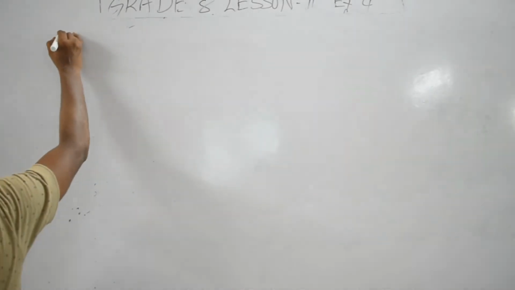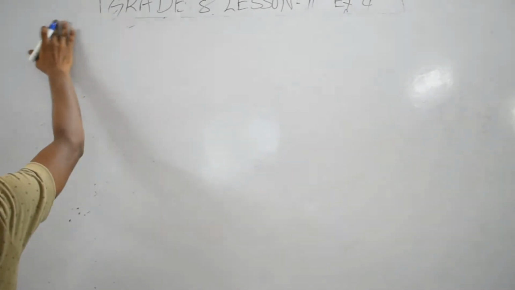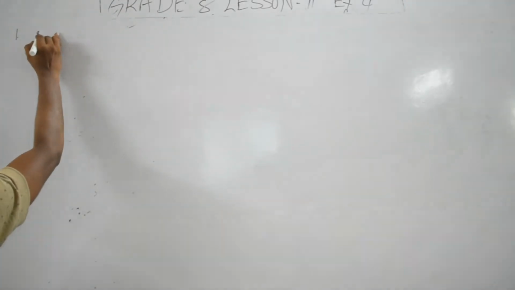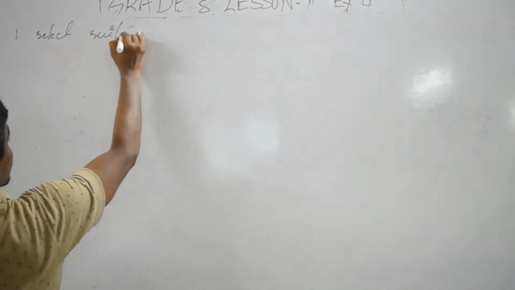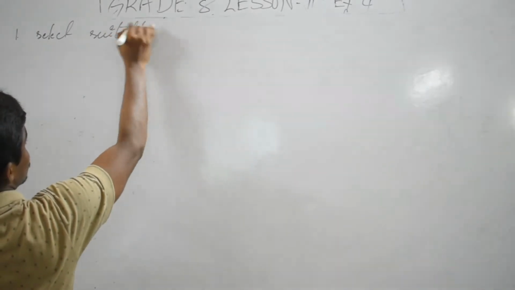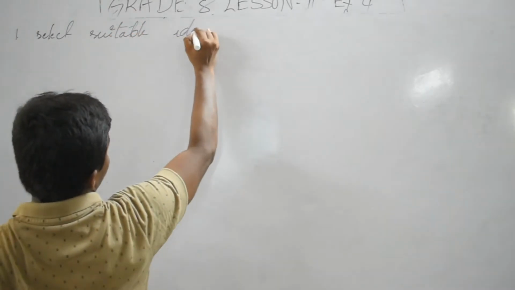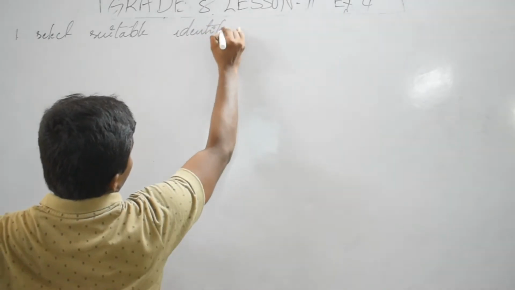First problem. Select a suitable identity. So what is an identity? LHS and RHS are equal. An equation that holds always, that is an identity.